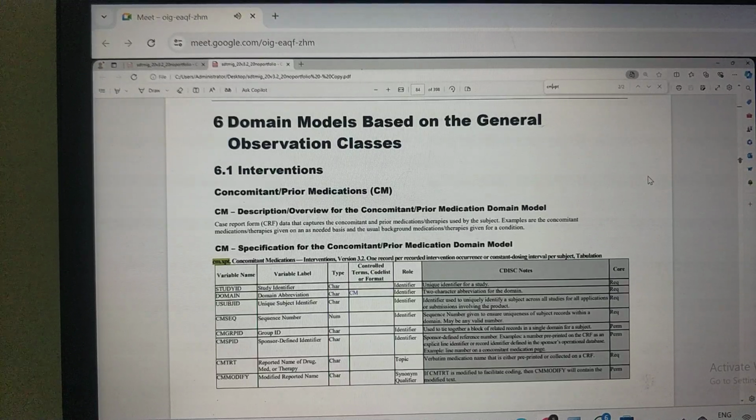So far we have discussed multiple times what concomitant medication is. Yesterday also we discussed. Okay, so can anyone tell what is the concomitant medication?